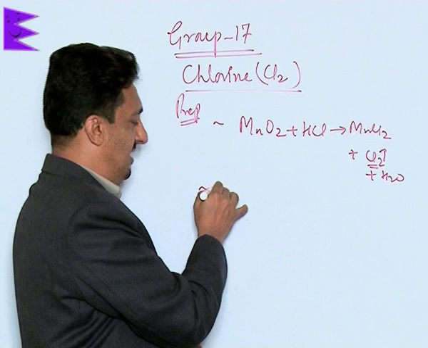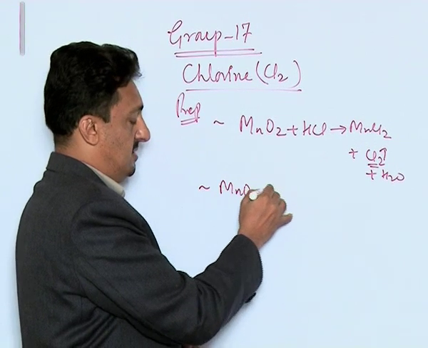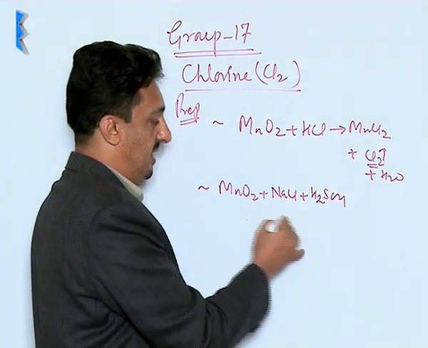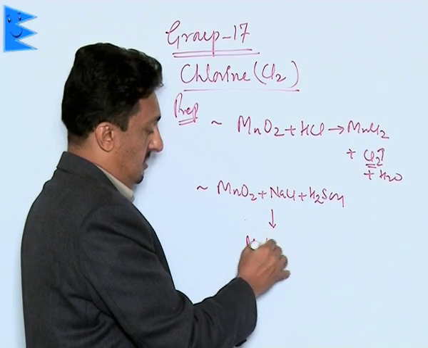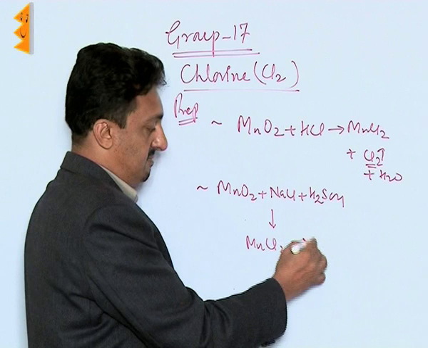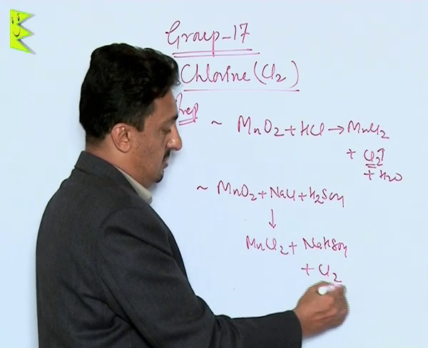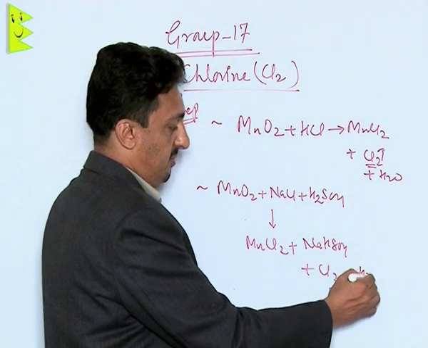In place of HCl, we can use sodium chloride and concentrated sulfuric acid. The reaction is very same, and we get chlorine, of course, plus water.